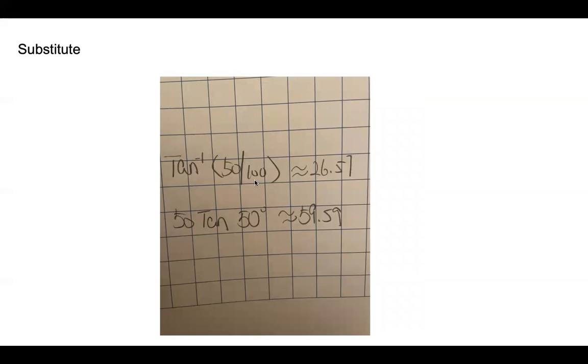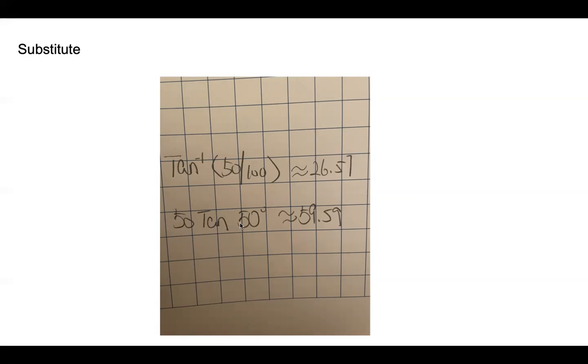First, I substitute in the side: when the side equals 100, tan inverse of 50 divided by 100. I found that the angle will be around 26 or 27. So when the side equals 100, the angle will not equal 50.